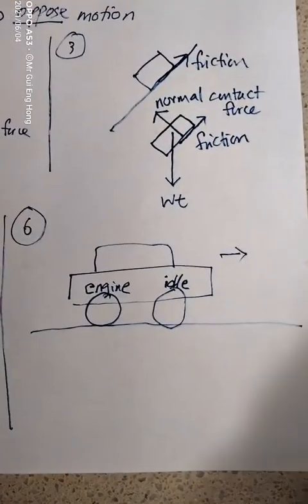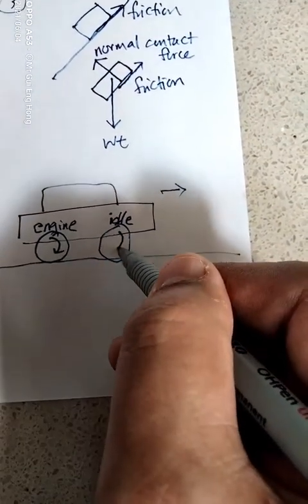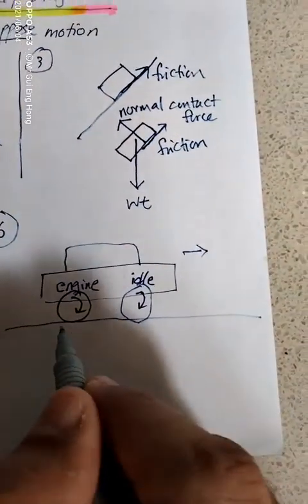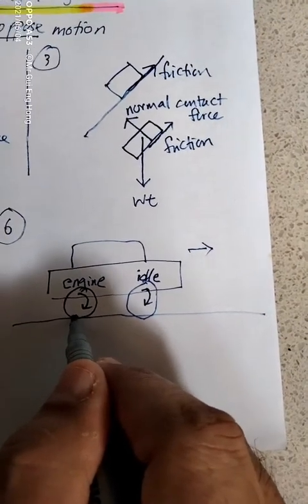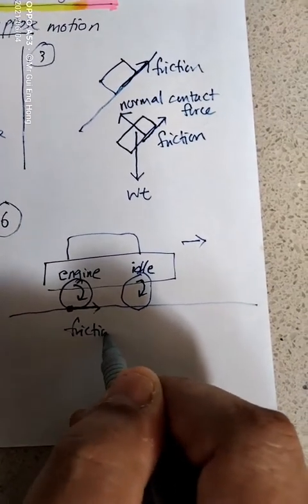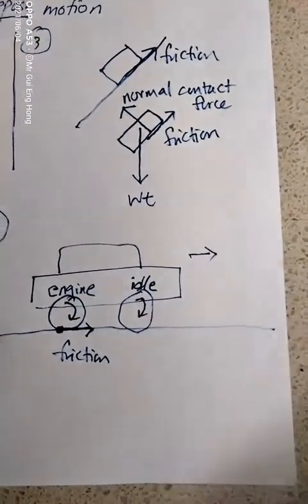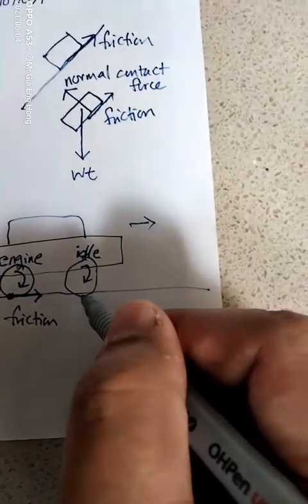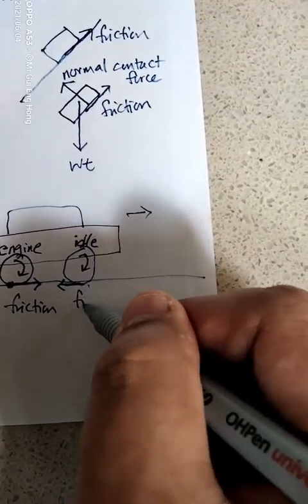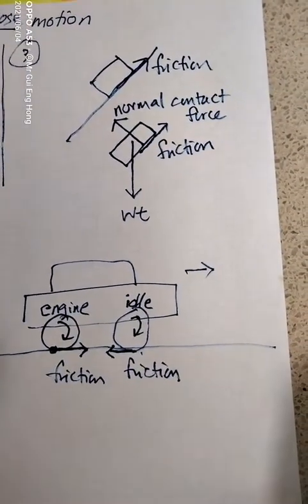Although both wheels are rotating this way, the car is accelerating to the right. Because we do not learn static and dynamic friction, I can only tell you that the frictional force on the engine wheel is forward, whereas the frictional force on the idle wheel is backward.